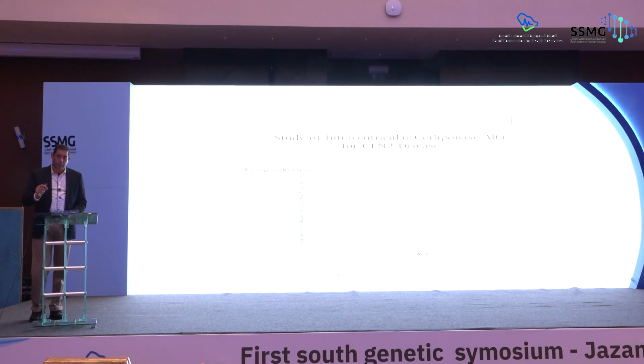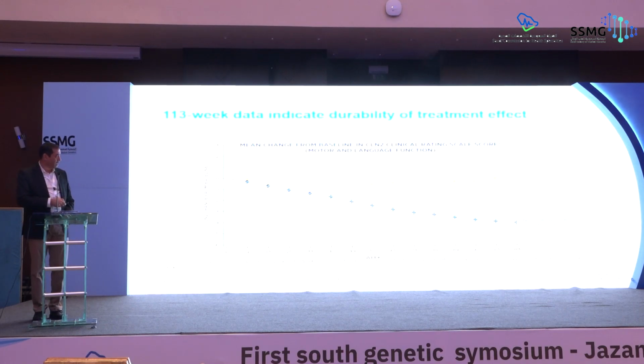Usually the indication is a score of 3 and above, 3 or 4, and if we have a better score, the outcome will be better. The treatment efficacy is also sustained over many years, and the last paper last week, after 7 years of follow-up, showed that the efficacy is sustained after 7 years of treatment.